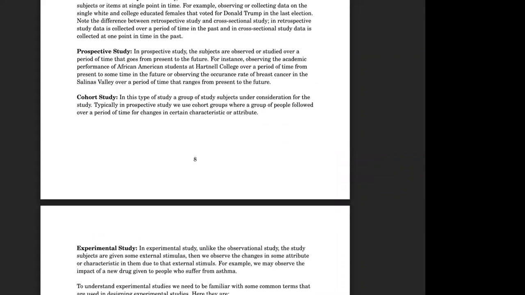Now, a prospective study. In a prospective study, the subjects are observed or studied over a period of time that goes from the present to the future. You start studying a group of subjects and you study them from now on, further out into the future.